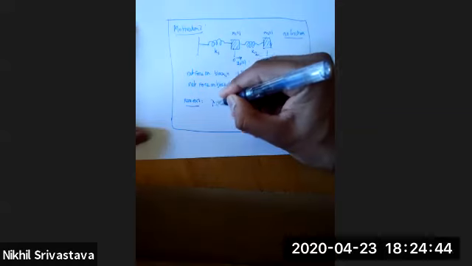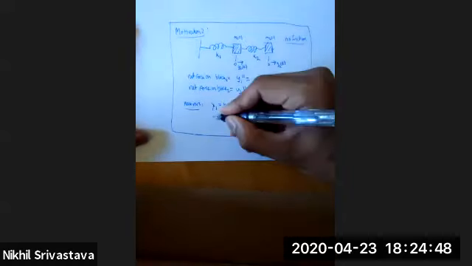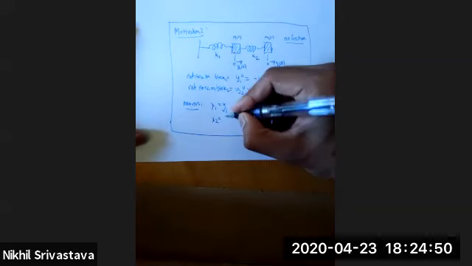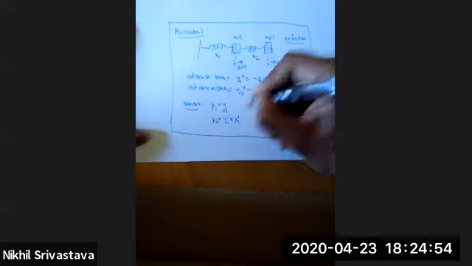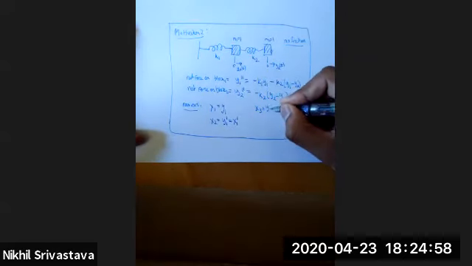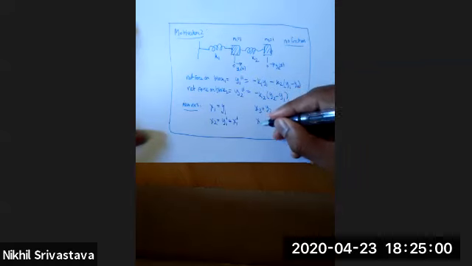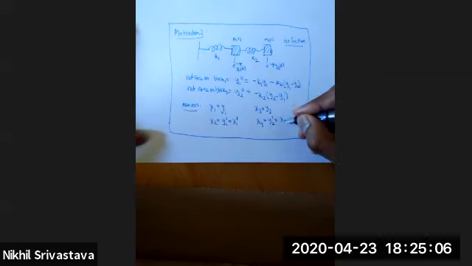Well, x1 is just going to be y1. x2 is going to be y1 prime, which is just x1 prime. Then x3 is going to be y2, my second function. x4 is going to be y2 prime, which is x3 prime.